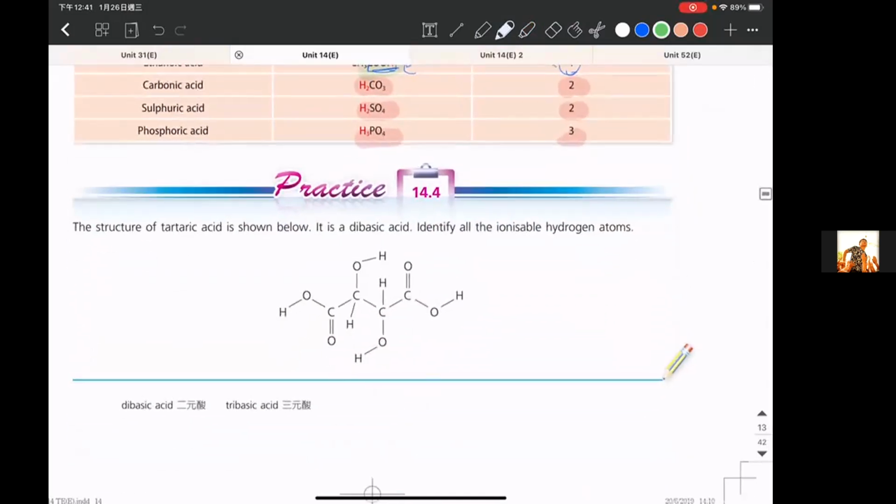How about this? Tartaric acid. Another acid, right? Don't get worried, but you may see where is that COOH, right? What is the basicity of tartaric acid?